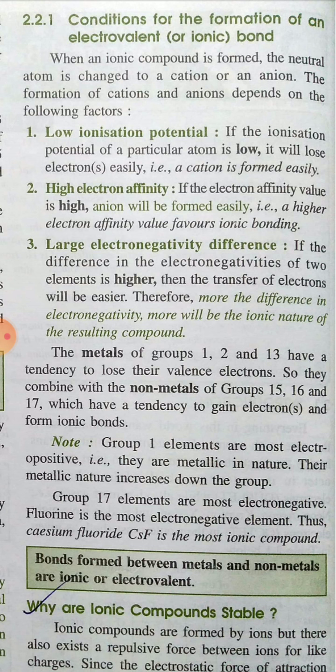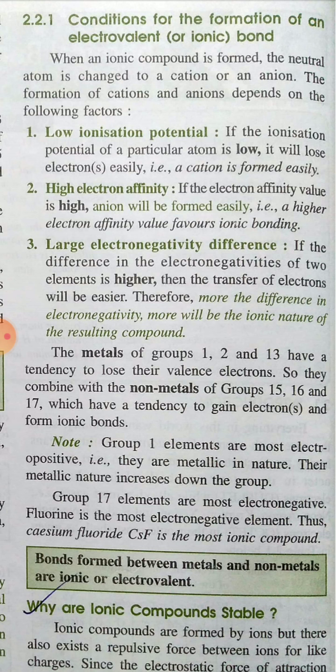We know that metals have low ionization potential, so to form an electrovalent bond, one component must have low ionization potential. Second, high electron affinity. We know that non-metals have high electron affinity, that is electron loving. That's why they easily accept electrons. So one component of an electrovalent compound must have high electron affinity. Generally non-metals have a high electron affinity.